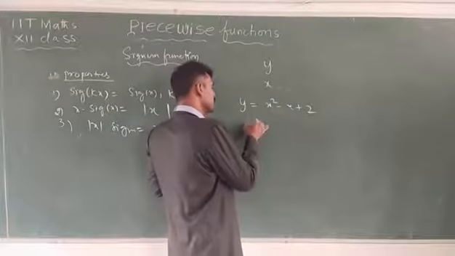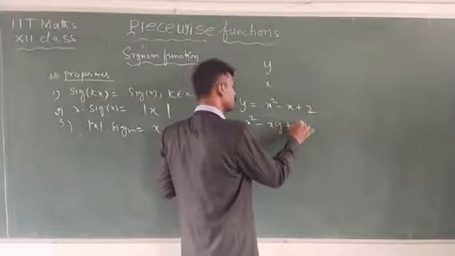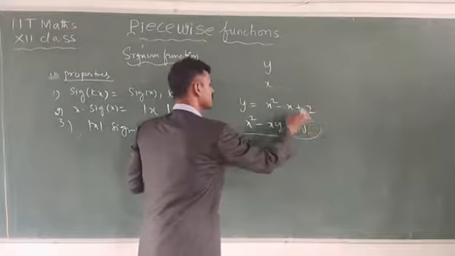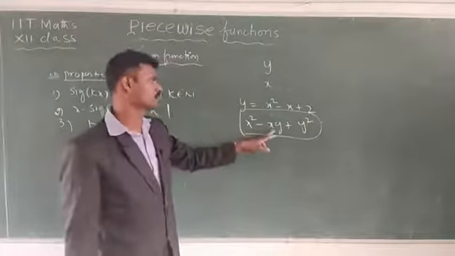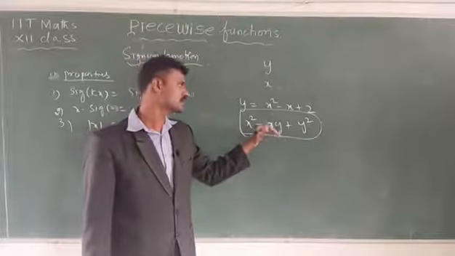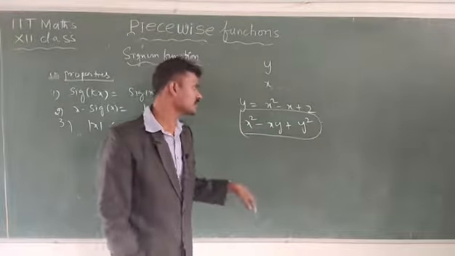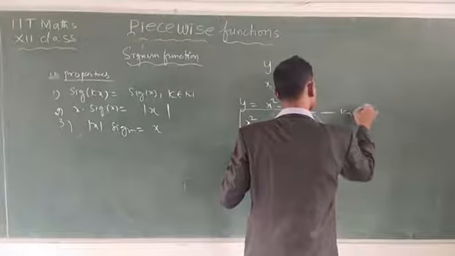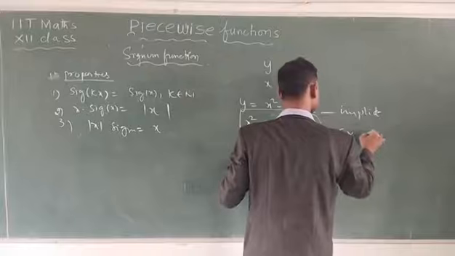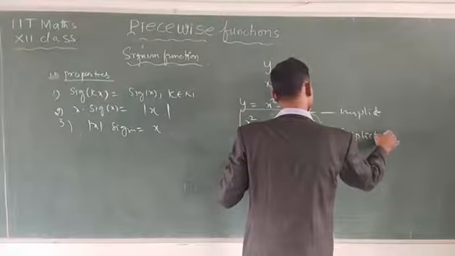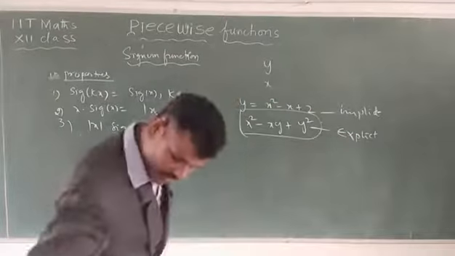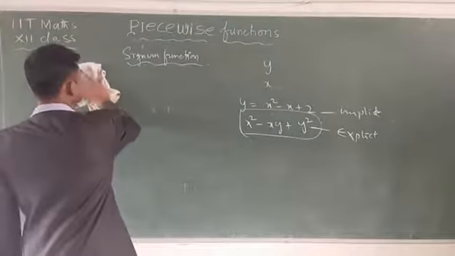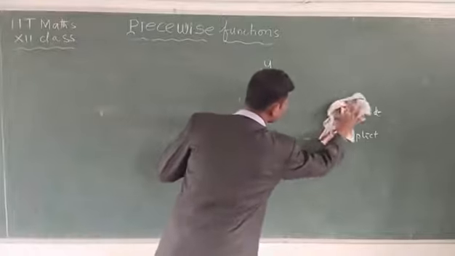That means x square minus xy plus y square, this function you can take. This is not expressed, dependent term in terms of independent term. That's why this is an implicit function. This is an explicit function.